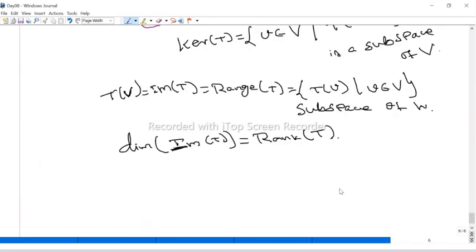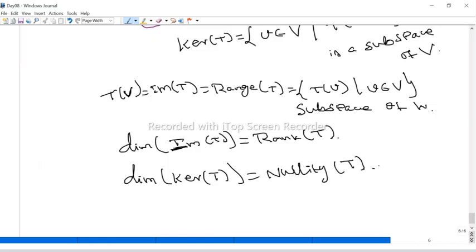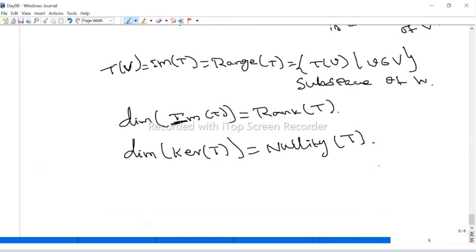Nullity is nothing but the dimension of the kernel of the map T. We define this as the nullity of T.